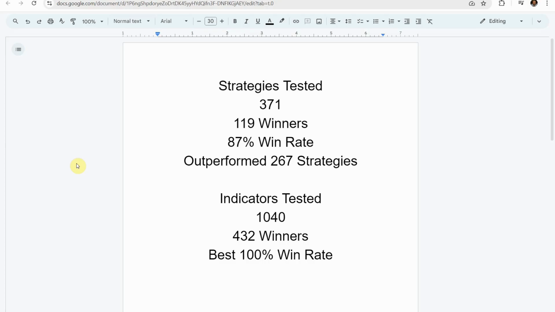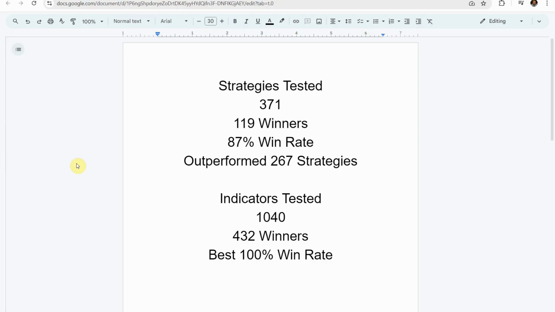Alright, as I said, today we will be testing a momentum scalping indicator. Before we do though, I wanted to put the testing scoreboard up for everyone to see. So to date, we have tested a total of 371 different strategies, with 119 of them being winners.